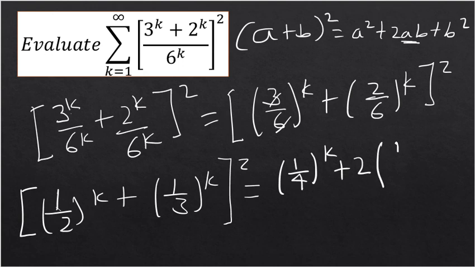It's going to be (1 over 6)^k, plus again (1 over 3)^k squared, which is (1 over 9)^k. We squared it.